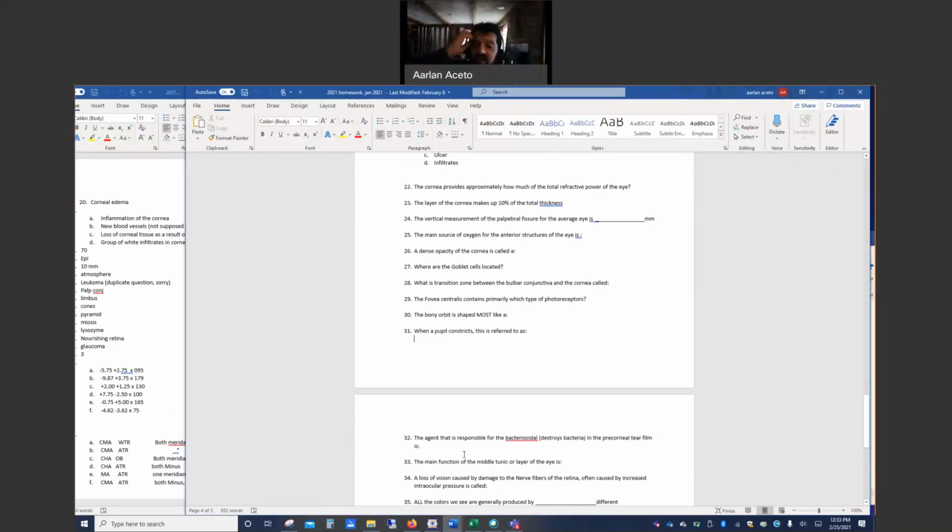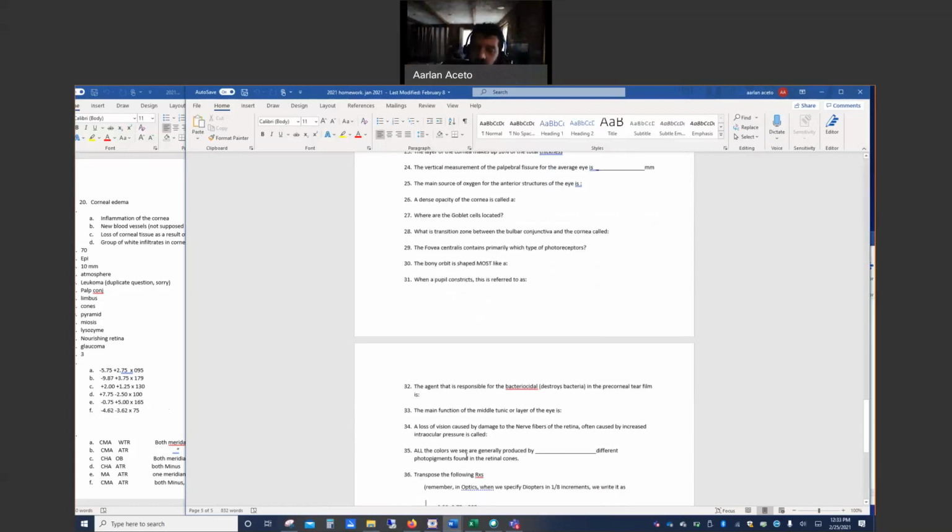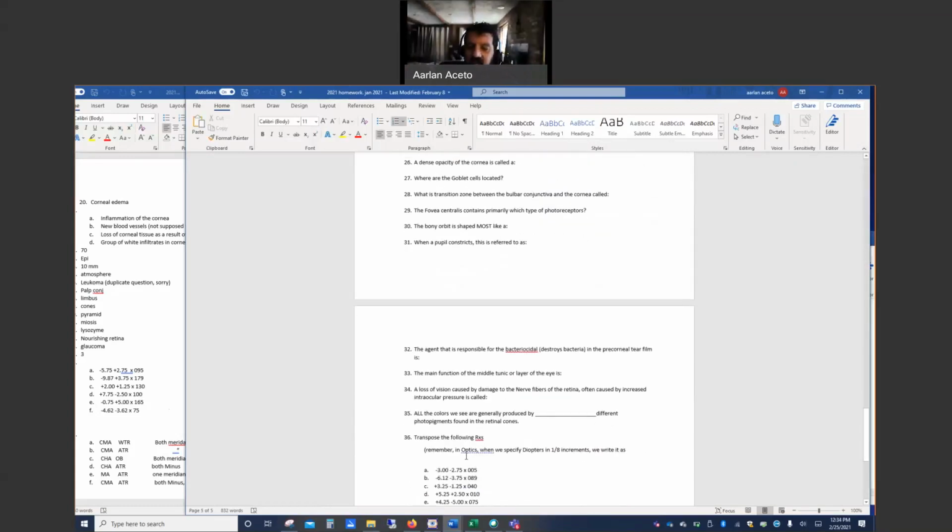Major function of the middle tunic or layer of your eyes. The globe itself has 3 levels. The outer is your protective tunic. That's your sclera and your cornea. The middle is the vascular tunic, and that cools down the retina, brings nourishment and good stuff to the retina, blood supply to the back part of the retina.